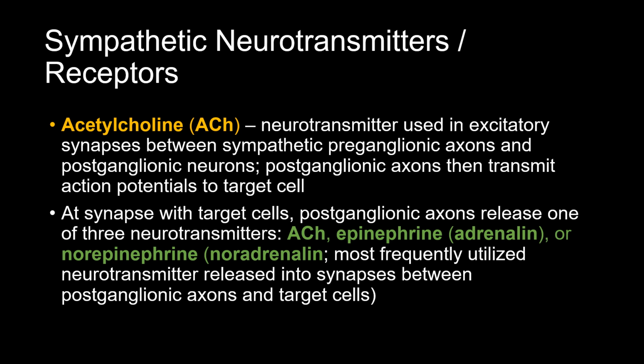Epinephrine is often referred to as adrenaline, and norepinephrine is often referred to as noradrenaline. They get their names from the adrenal gland, where these chemicals were first discovered. It turns out that approximately 80% of postganglionic sympathetic neurons are going to release norepinephrine, and then the remainder release either epinephrine or acetylcholine.